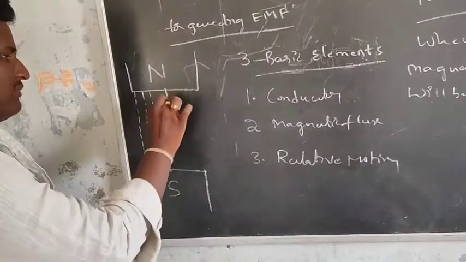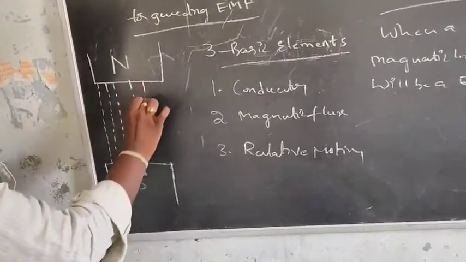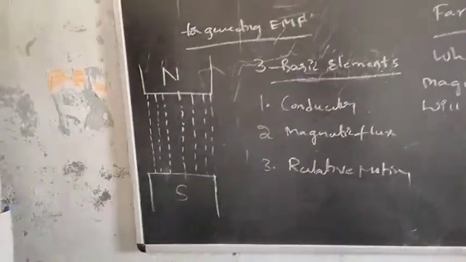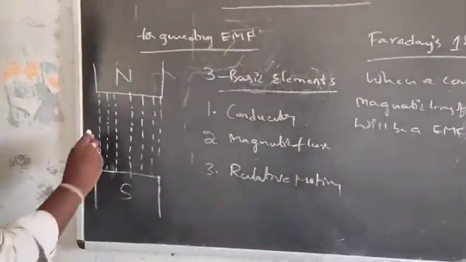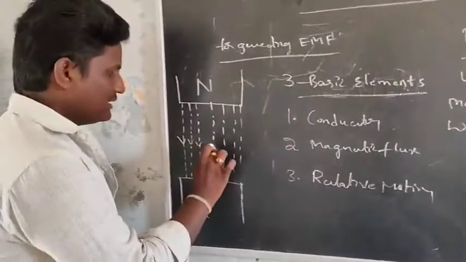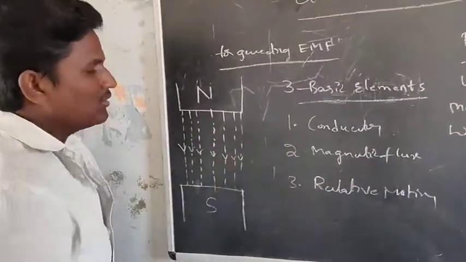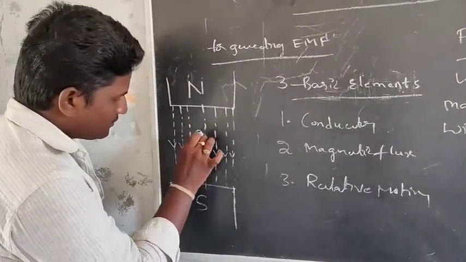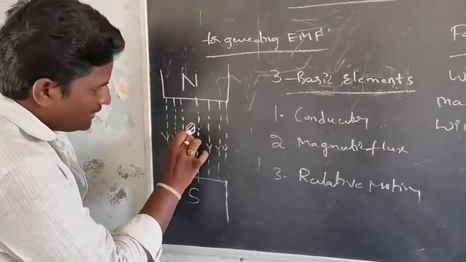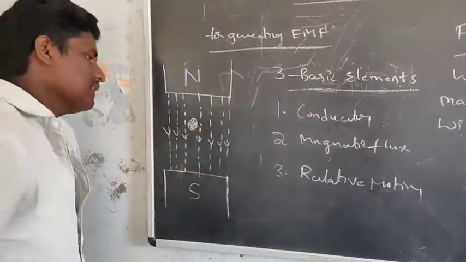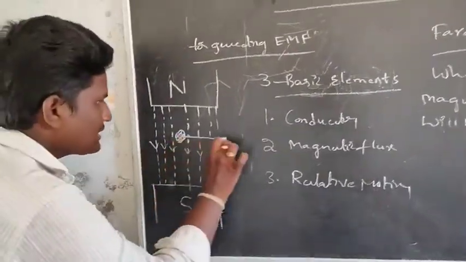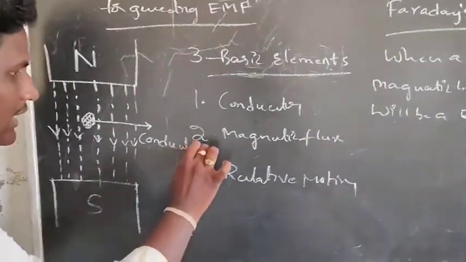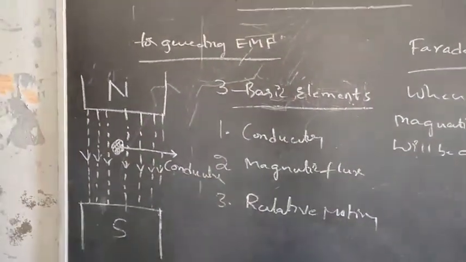The flux is imaginary lines that travel from north to south. The direction of flux is north to south. So I am placing one conductor. This one is the conductor.